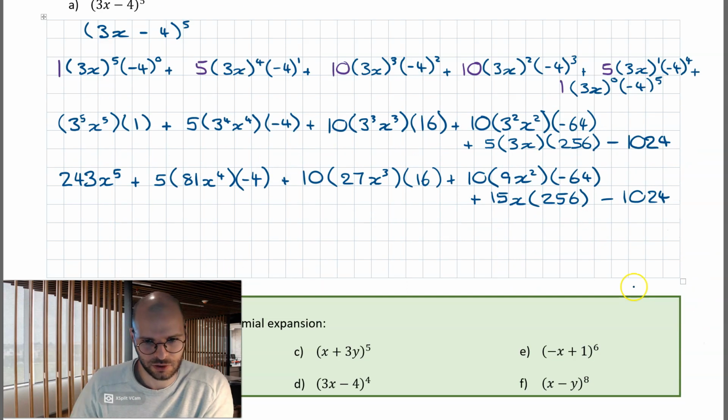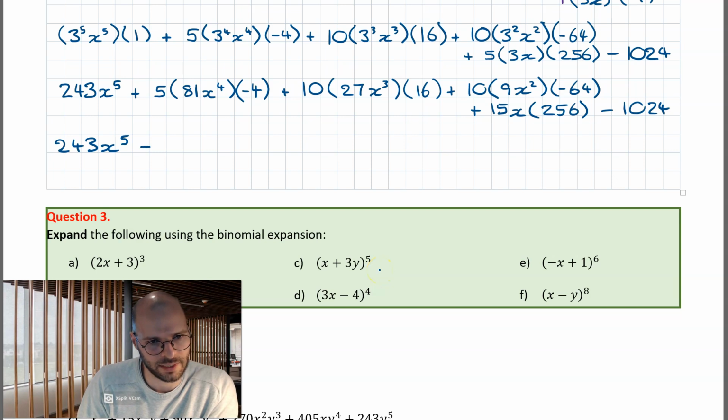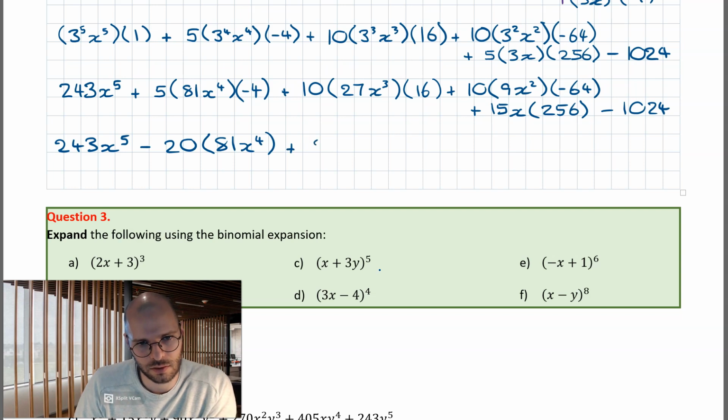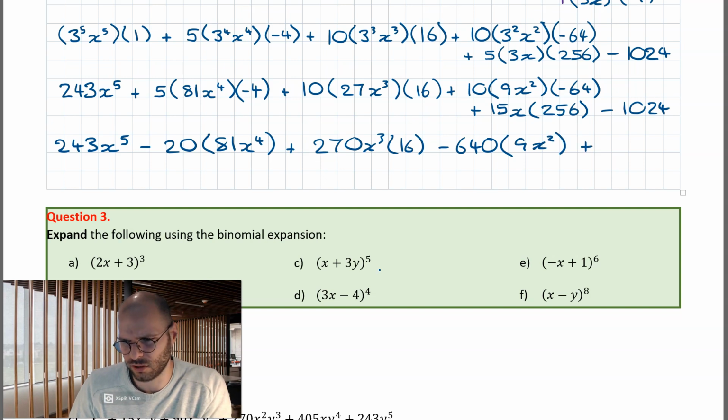Okay, continuing the evaluation, we've got 243x to the 5, minus 20 times 81 x to the 4, plus 270 x cubed, times 16, plus 10 times 9, that's 90, x squared, times minus 64, plus 15 times 256, that's going to be 3840x, and then minus 1024.